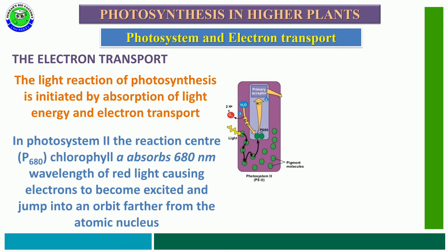In electron transport, photosystem 2 participates first. In photosystem 2, the reaction center can absorb 680 nanometer red light, and after absorbing this light energy, the reaction center chlorophyll A molecule immediately gets excited. Due to this excited state, it loses one electron, which jumps into an orbit further from the atomic nucleus.